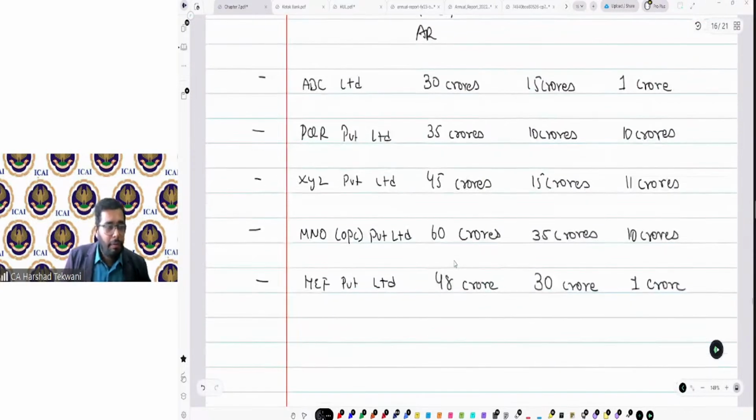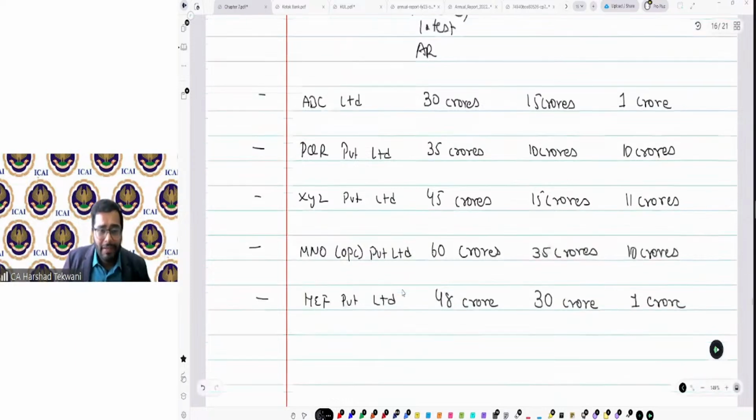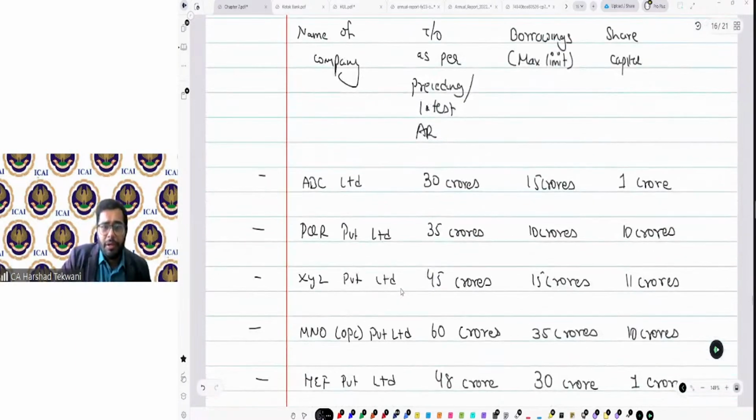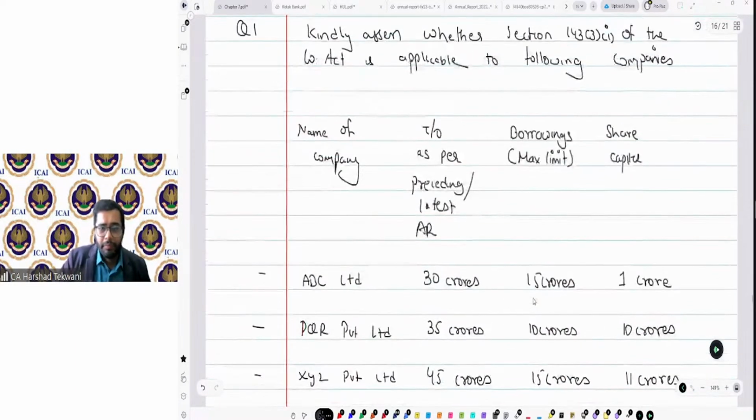Now, you need to tell me whether this section 143(3)(i) will be applicable or not.